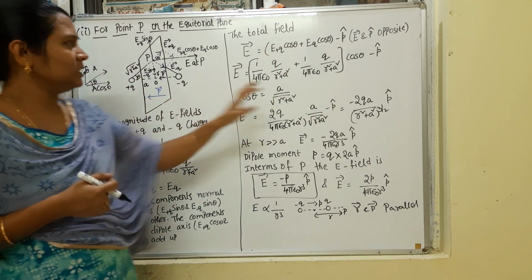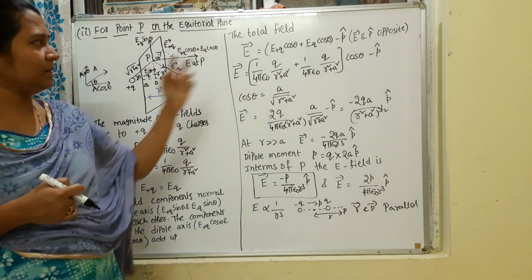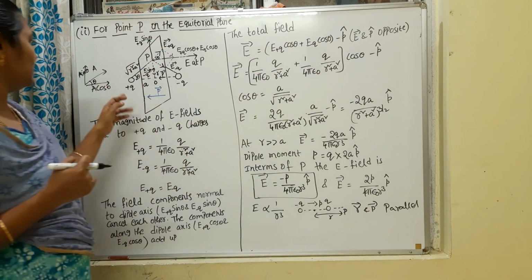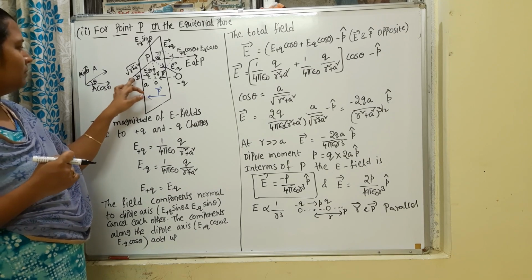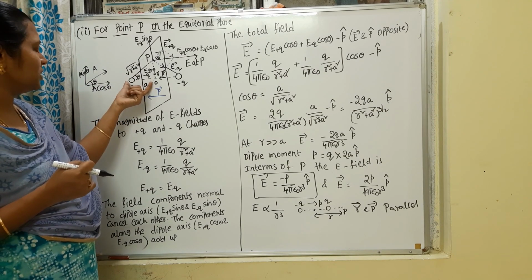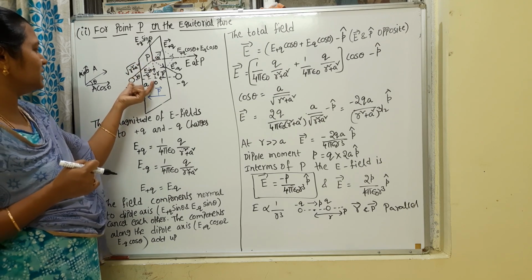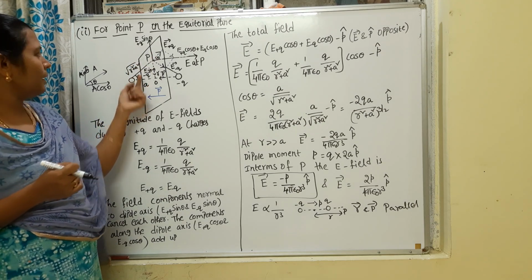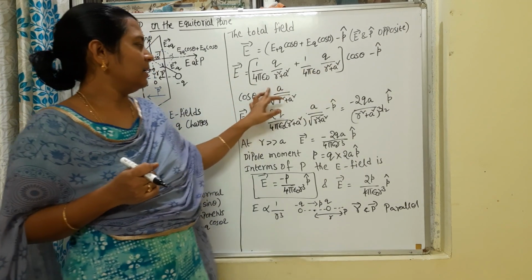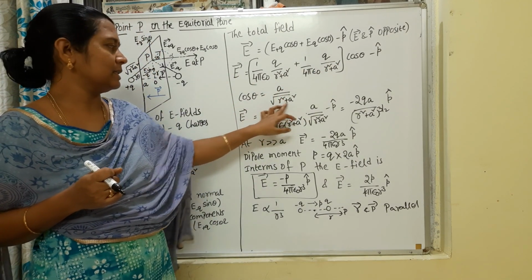And cos theta, what is cos theta? Because cos theta is a common term, we kept it outside, and from the figure we can say that cos theta is adjacent side by hypotenuse. So what is the adjacent side? Nothing but A by square root of r square plus a square. So cos theta is A by square root of r square plus a square.